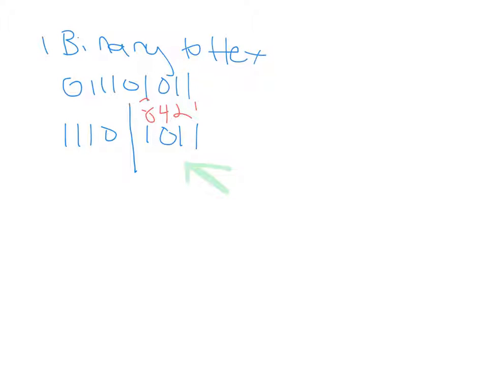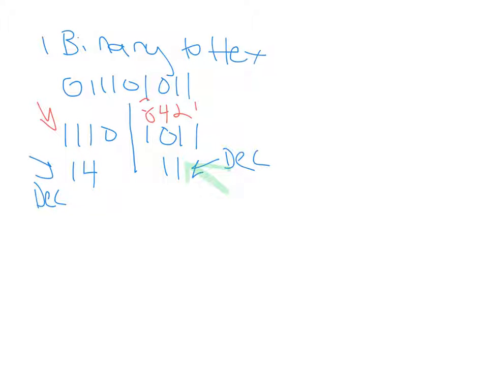So we have 8 and 2 is 10 and 1 is 11. And then if we look at this set over here, we have a 1 in the 8, a 1 in the 4, and a 1 in the 2. So 8 and 4 is 12, and 2 is 14. And so these are decimal, right? We'll write that 14 decimal, 11 decimal.